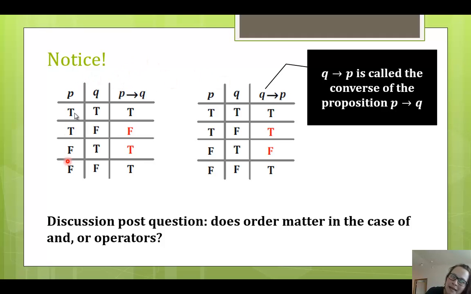What I'm saying here is make sure that your atomic propositions that you're starting with are in the same order for each of the propositions you're trying to compare. Okay, so I'm trying to compare P implies Q to Q implies P. So I want to make sure that my first two columns of all the possible truth value combinations of these atomic propositions are in the same order.